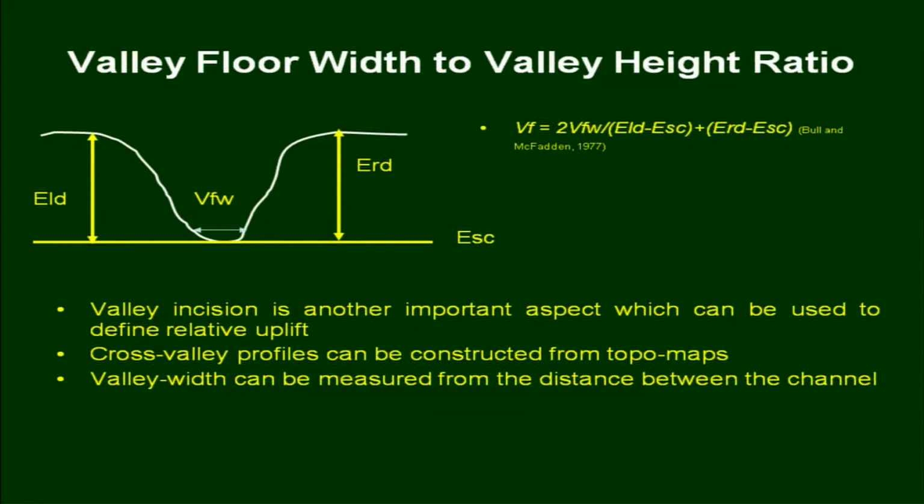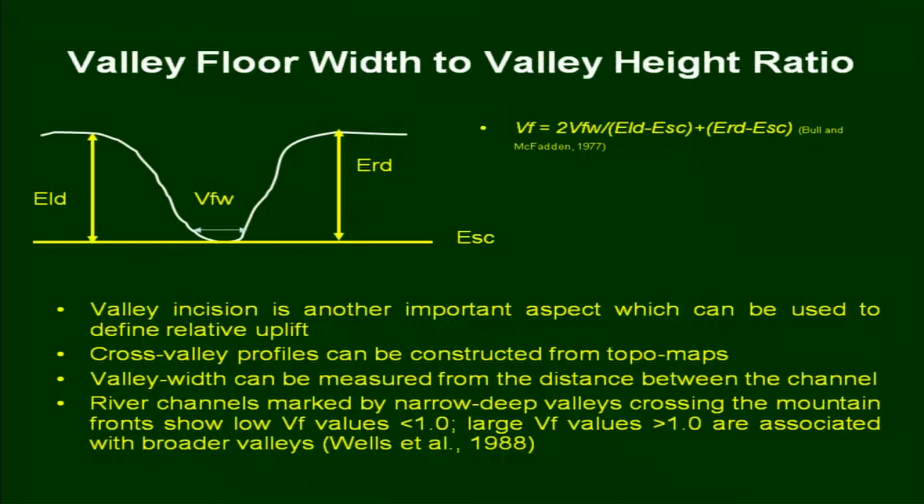Valley width can be measured from the distance across the river channel. Rivers marked by narrow, deep valleys crossing the mountain fronts, and mountain fronts most of the time are associated with faulted ranges, show a low VF value, less than 1. A large VF value, greater than 1, is associated with broad valleys.